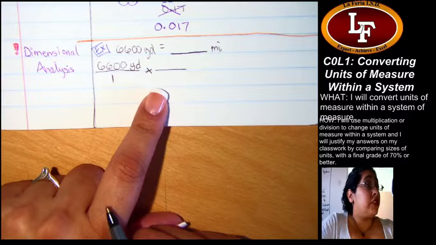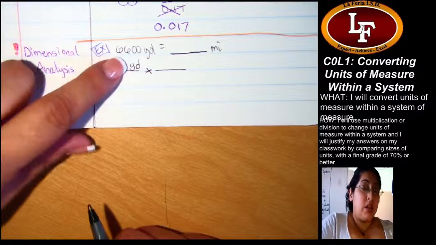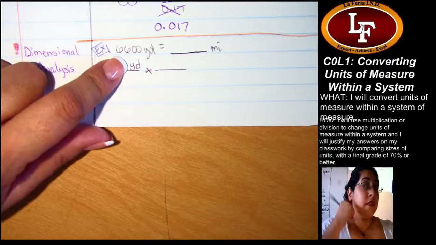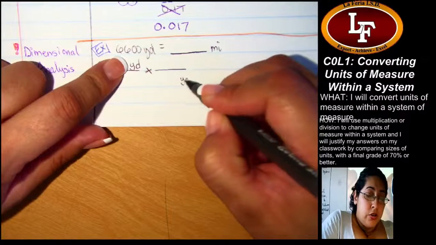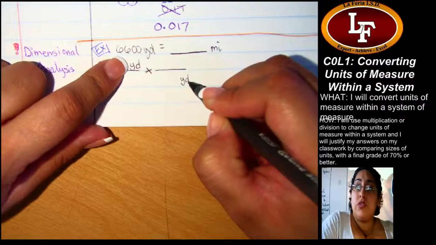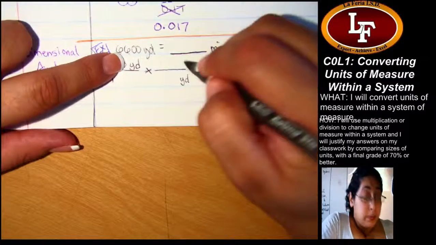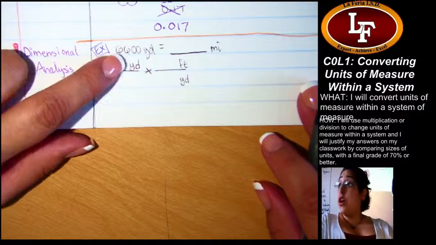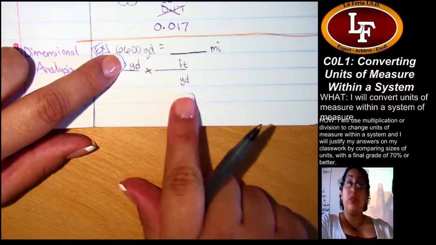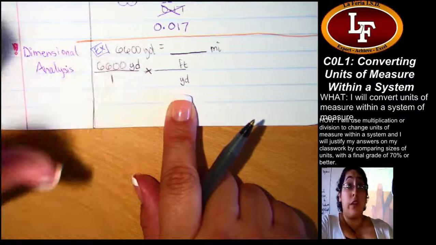The question is, where do I put what unit? Do you see the yards right here? I want you to put the yards in the denominator so that they're across from each other. That means the only place you have for the feet is going to be in the numerator. So yards were in the numerator on this fraction, so yards are going to be in the denominator of the following fraction. So far, so good?